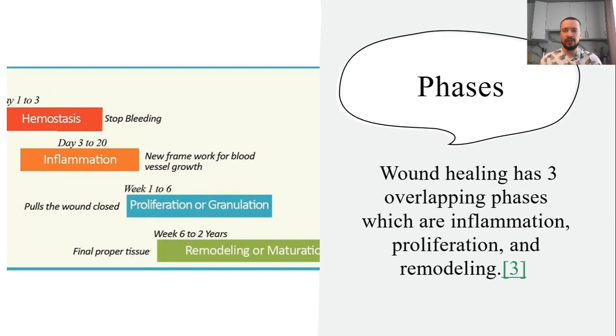Phases. Wound healing has three overlapping phases, which are inflammation, proliferation, and remodeling. On the slide you see that I have one more phase, hemostasis. We have a few classifications; in one classification we have 4 stages, in the next classification we have 3 stages.